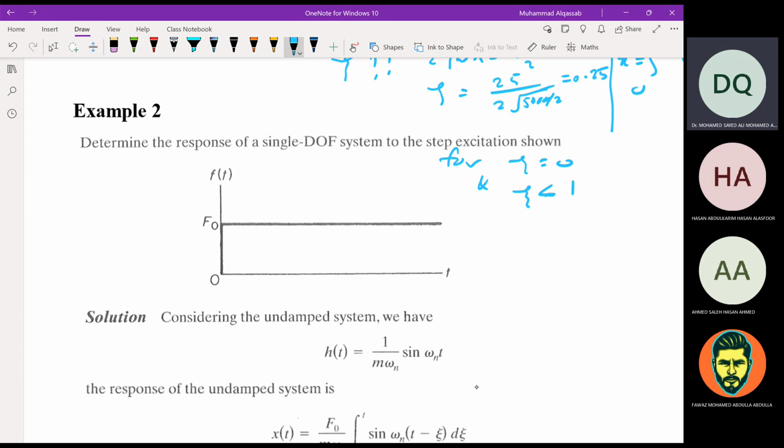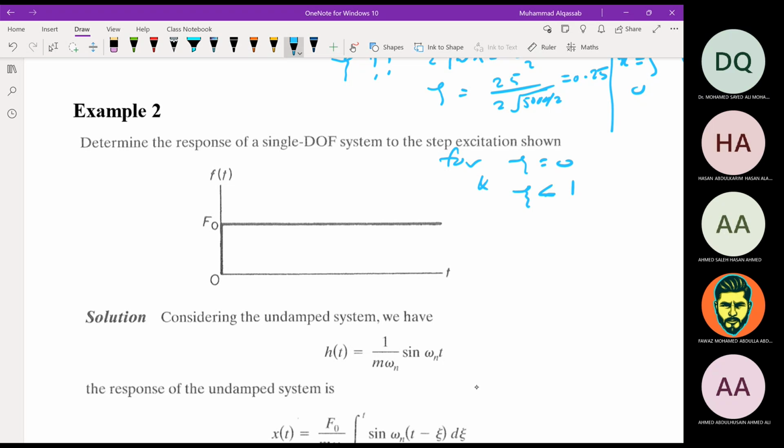Now F1 and F2, using the principle of superposition, F1 plus F2. Let's say for T greater than T1, F1 plus F2 should equal F0. And from here you can find F2 will equal F0 minus F1.